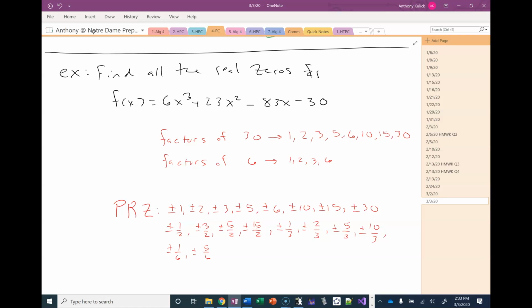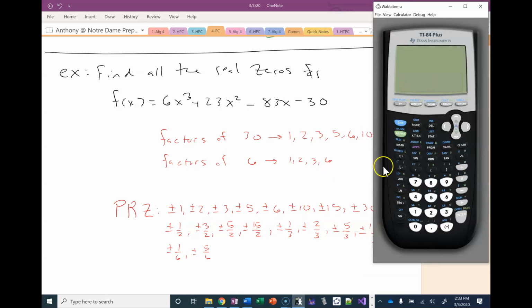Yeah, so that stinks, right? Guess what we're going to do instead? Use our calculator. We're going to take a look at the graph and see if we can get a hint about where to start. Sound good?